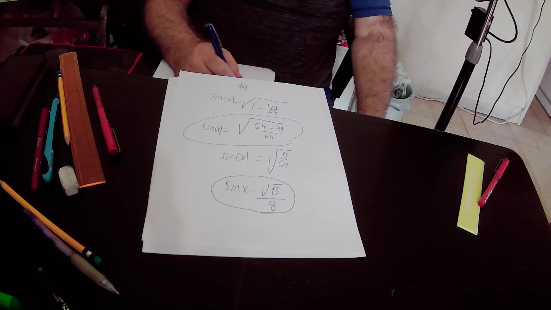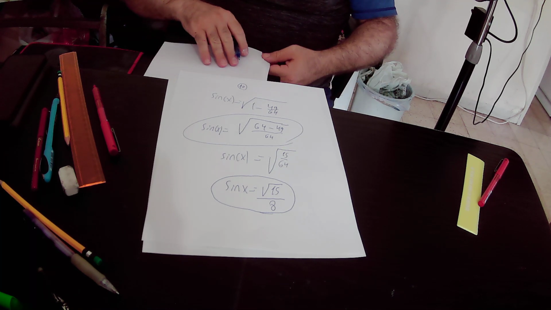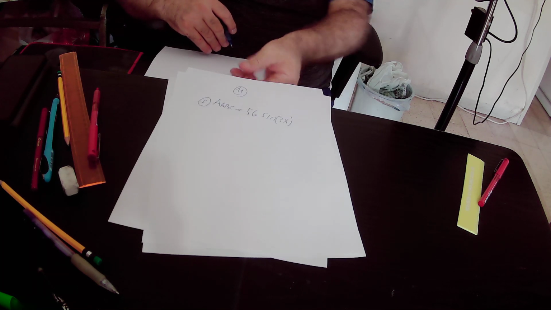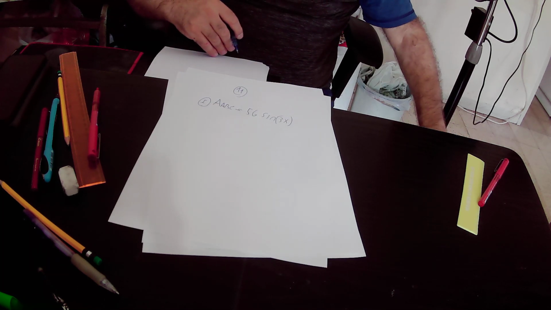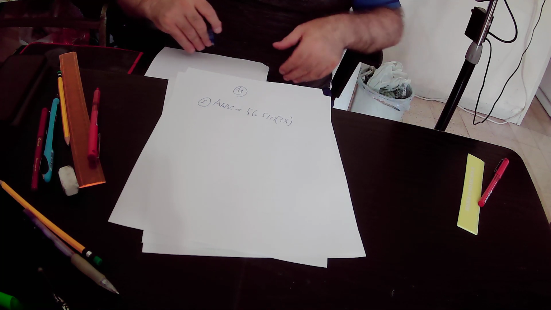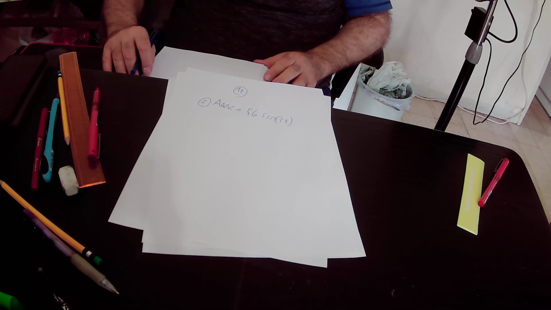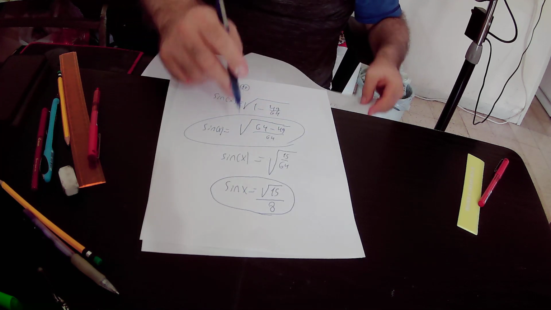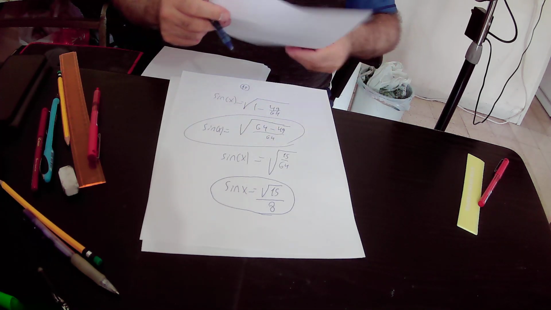That is actually equation number 1. According to equation number 1, the area of triangle ABC equals 56 times sine 3x. And we have already found out that sine x equals root 15 over 8.